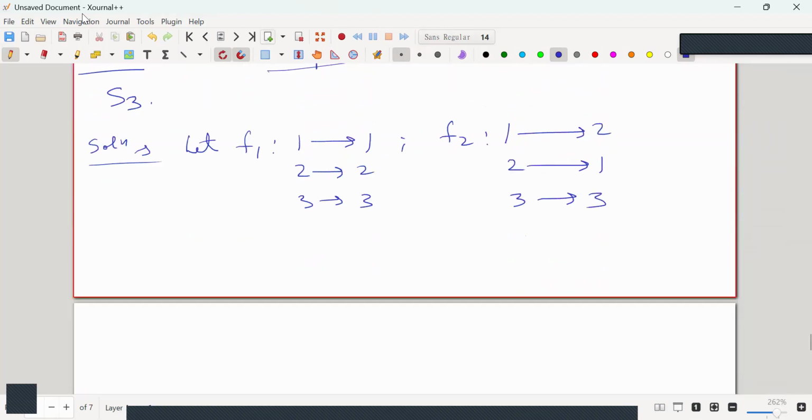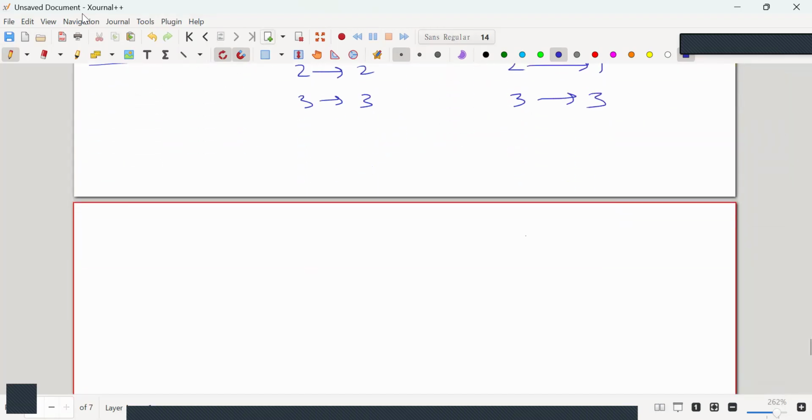Also F3 be the map sending the index 1 to 3, fixing 2 and 3 to 1. F4 be the one that fixes 1 and changes 2 and 3.